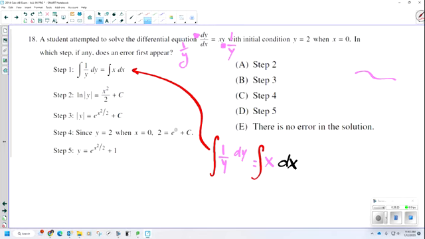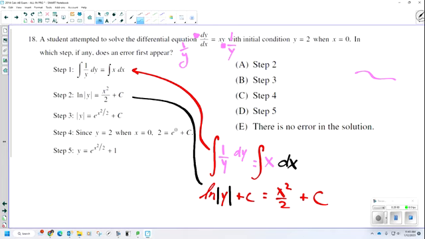Good, check. If I integrate both of these, I get the ln of y plus c equals x squared over 2 plus c. We don't really write this a lot, even though we should. Whenever I take the natural log of something, it should be positive, so I should write the absolute value bars there.